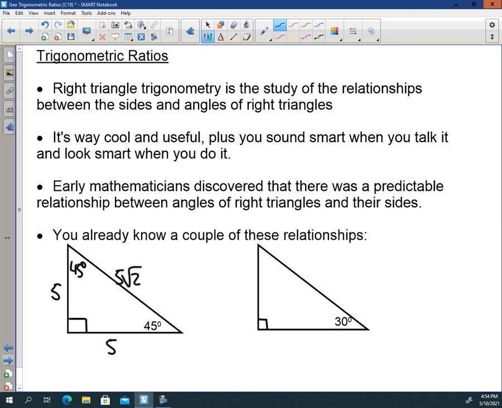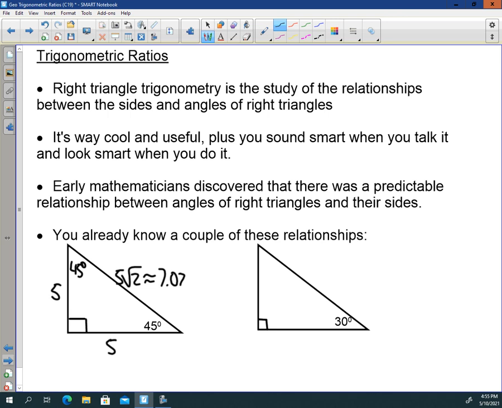Now, we could take that 5 times the square root of 2 and give it a decimal approximation. That's about 7.07-ish, okay?